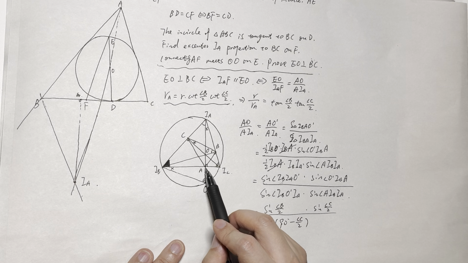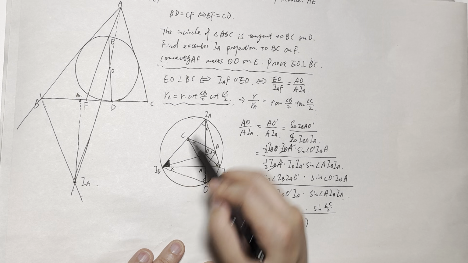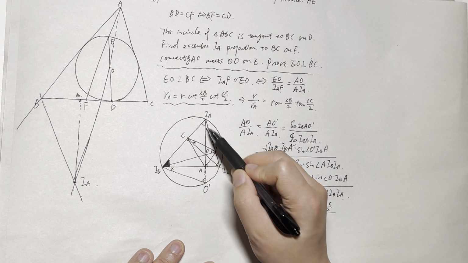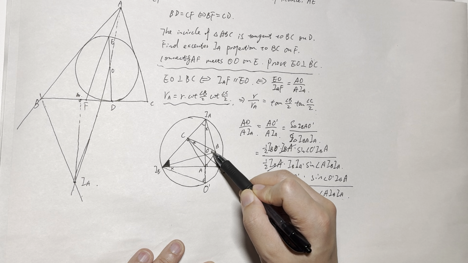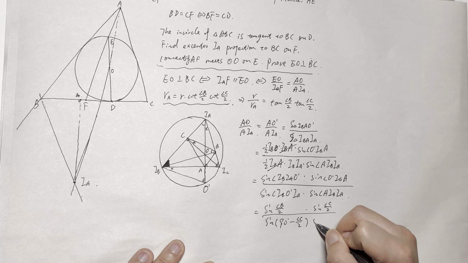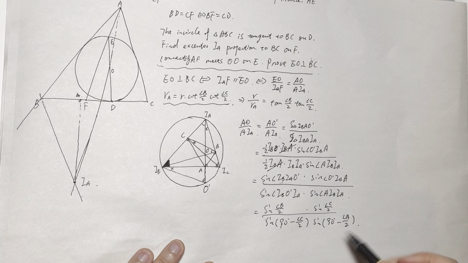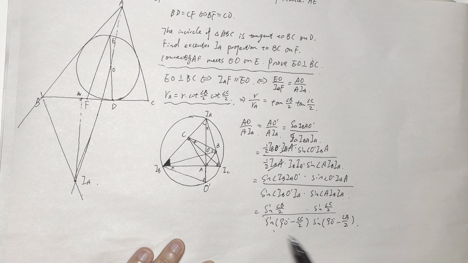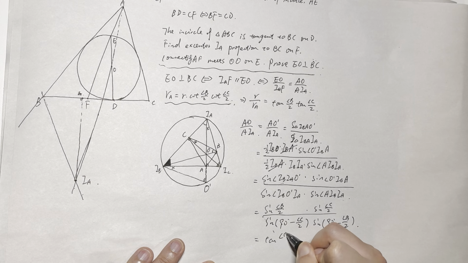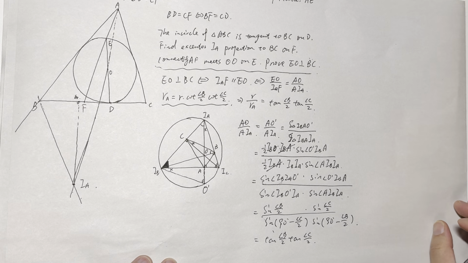We know that angle AIBIA plus angle IBIAA equals 90 degrees. And this angle, angle IBIAA, equals half of angle B, which means this angle is 90 degrees minus half angle B. So that's sine of 90 degrees minus half angle B. And it's obvious this is cosine half angle C, this is cosine half angle B. So this term is tangent half angle B times tangent half angle C, right?